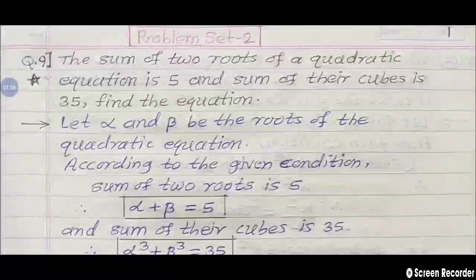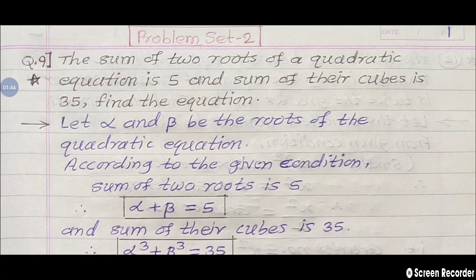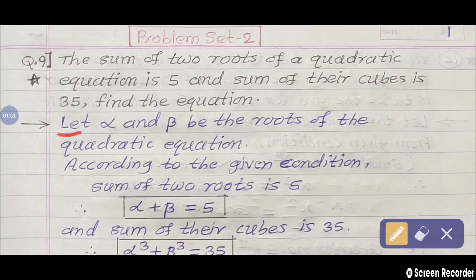Now in this question, see what is given. Two roots are given, but we don't know those two roots. So generally we consider them alpha and beta. First we assume that alpha and beta are the roots of the quadratic equation.